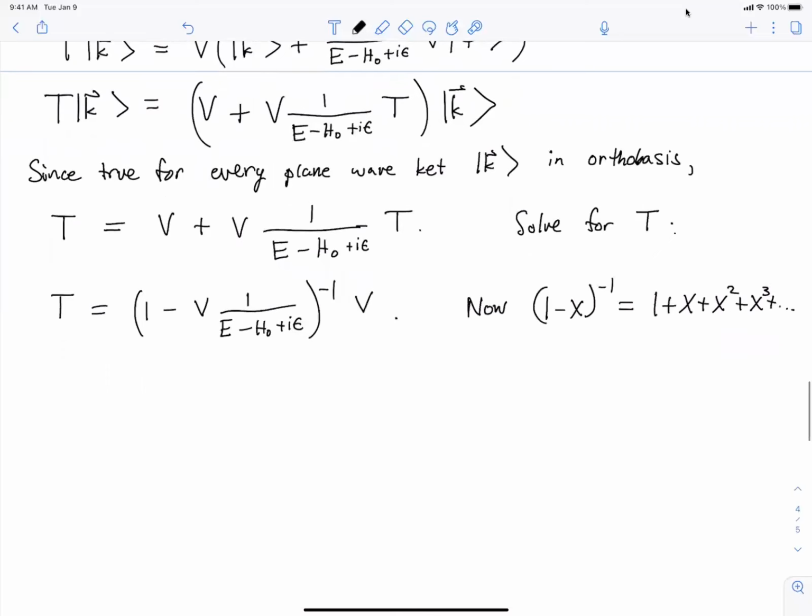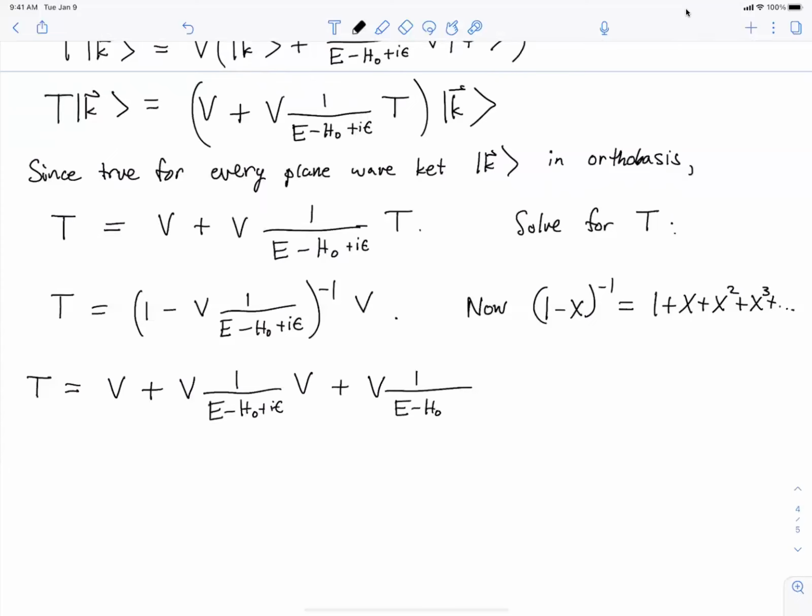Okay, and so now we've got that our transition operator is V. The next term is V times 1 over E minus H0 plus i epsilon times V. And the next term in the series, basically every term in the series, looks like powers of the inverse operator with V's sandwiched in.